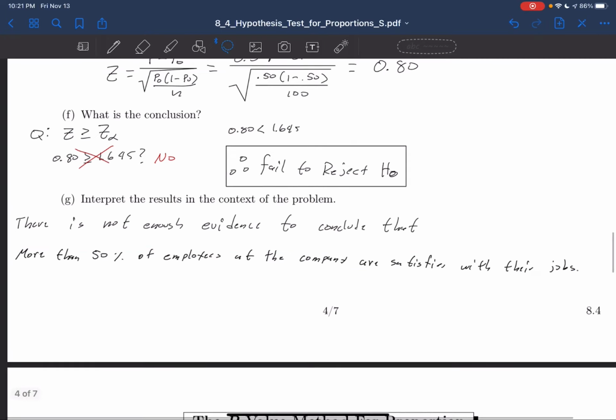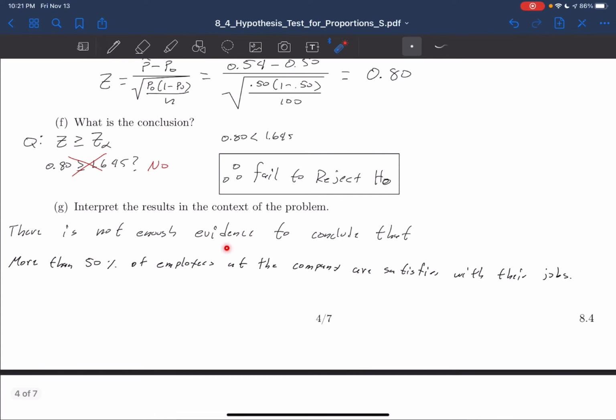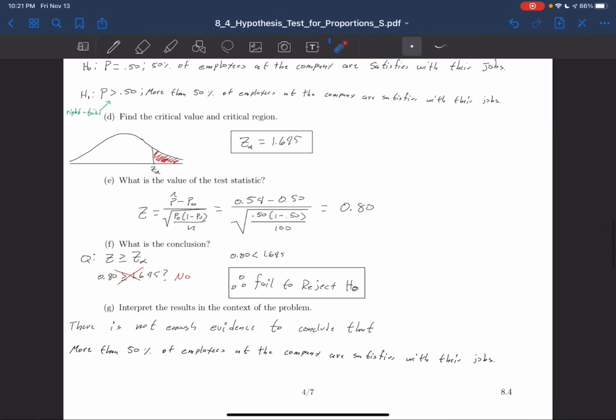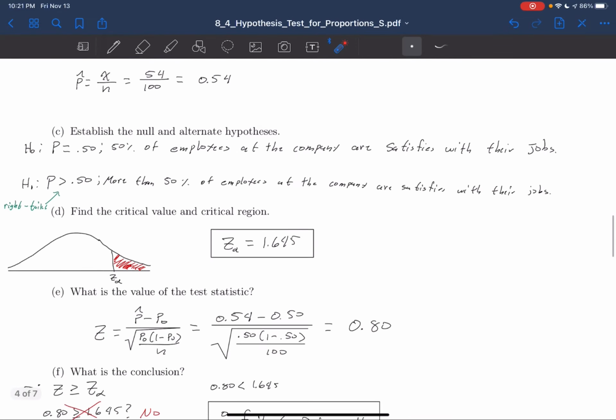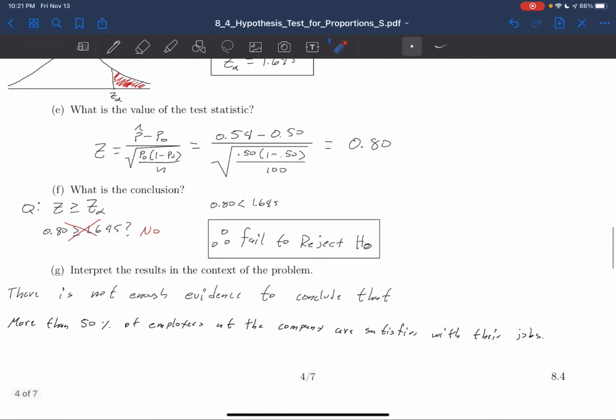So I could say that there is not enough evidence to conclude that more than 50% of employees at the company are satisfied with their job. So this is an example of performing hypothesis testing for proportion using the critical value method.